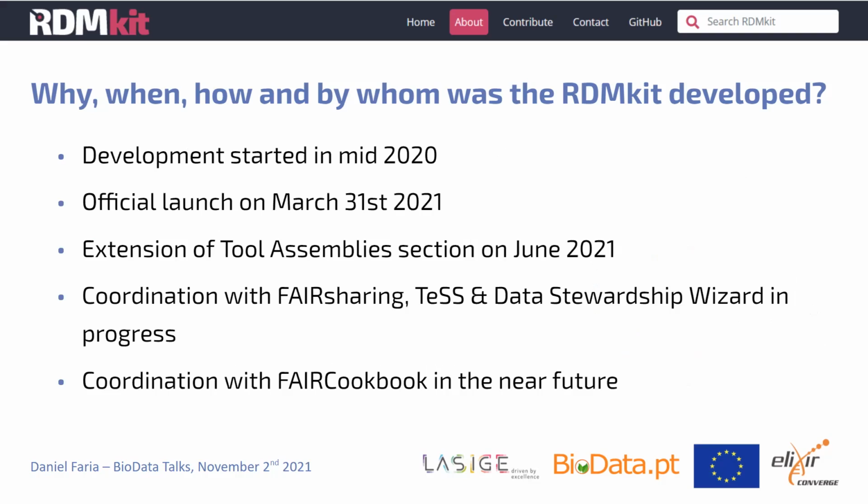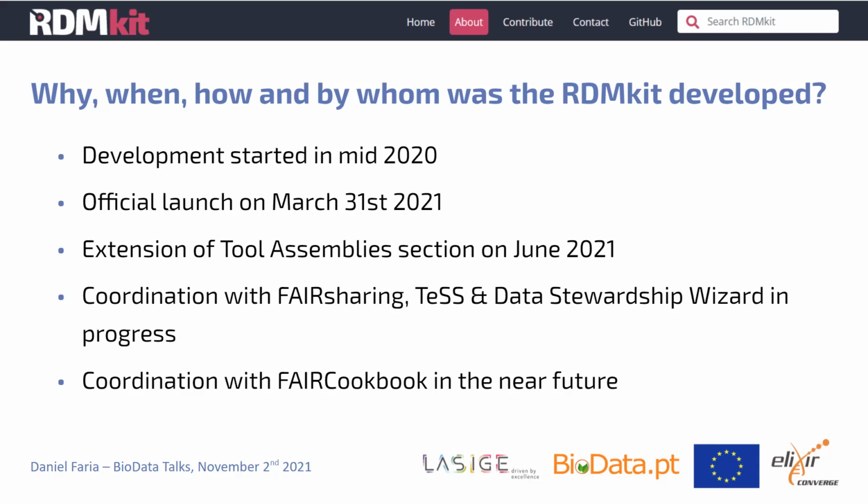As to the when, we started working on the RDM Kit in mid-2020. The first official launch of the toolkit was on March 31st, 2021. And since then, we've continued to expand it. So we had an extension of the tool assemblies section, which in the first launch had only one example.